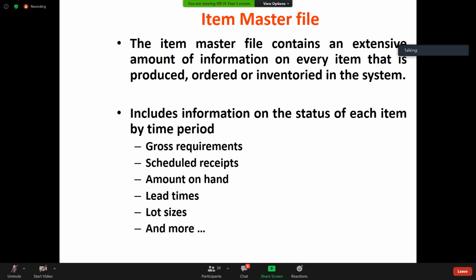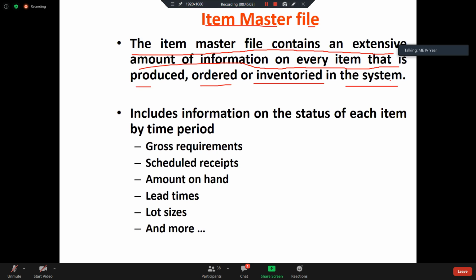Now the item master file. This item master file contains an extensive amount of information on every item that is produced, ordered, and held in inventory in the system. As I said, every product has a material number. But after receiving material, the quality person will come, and he can't ask PPC, sir, I received this quantity, have you requested this quantity?